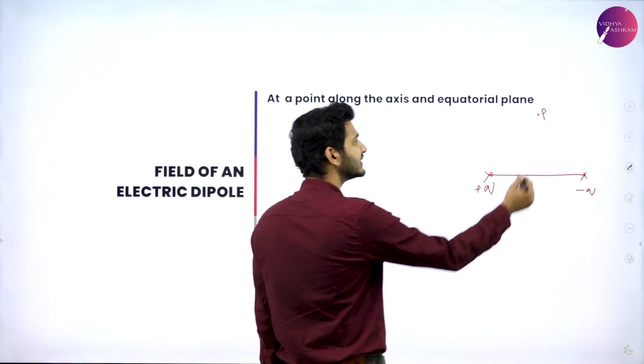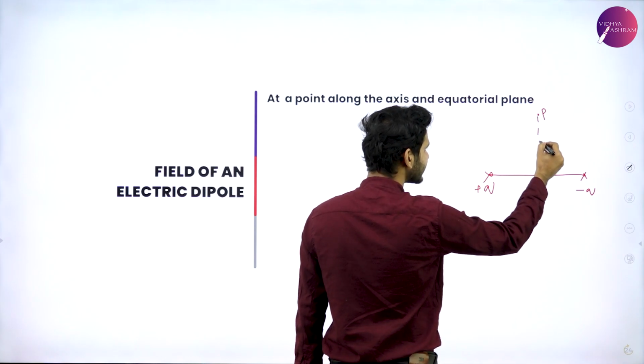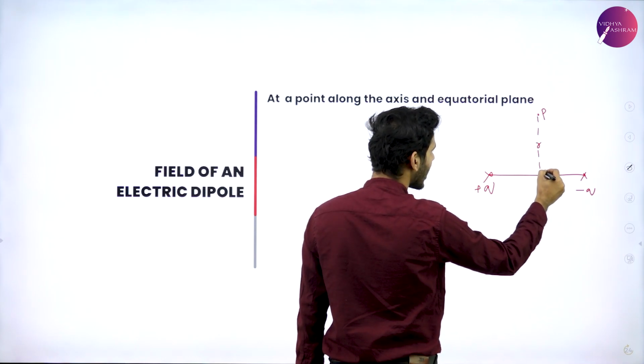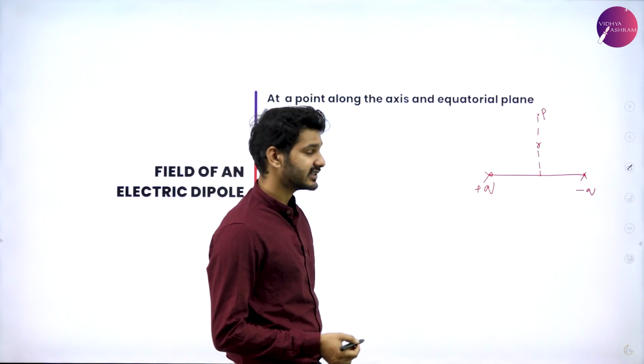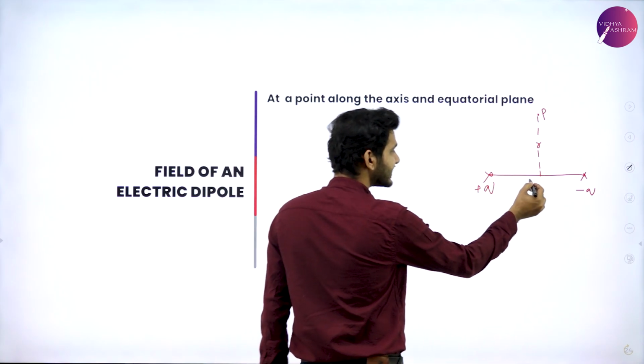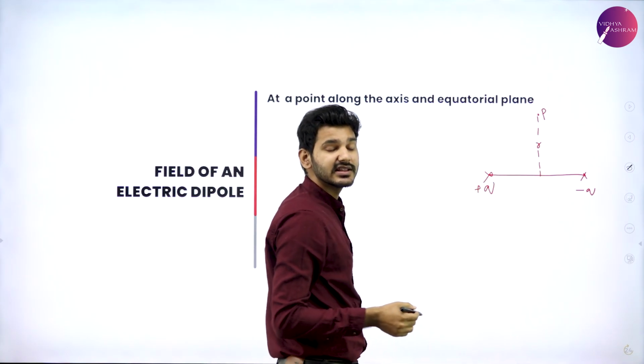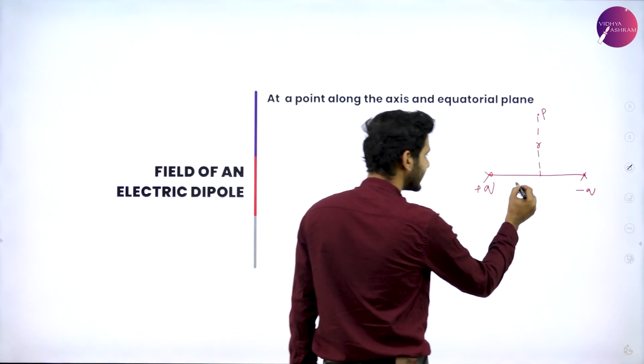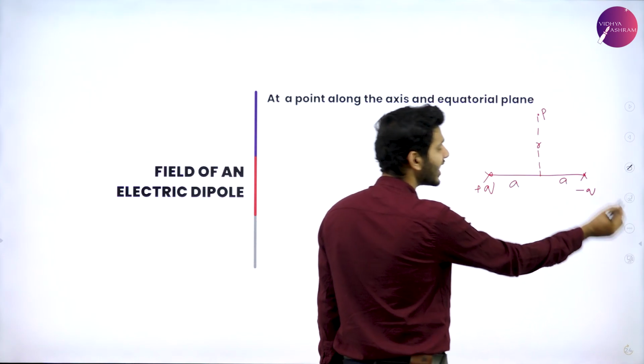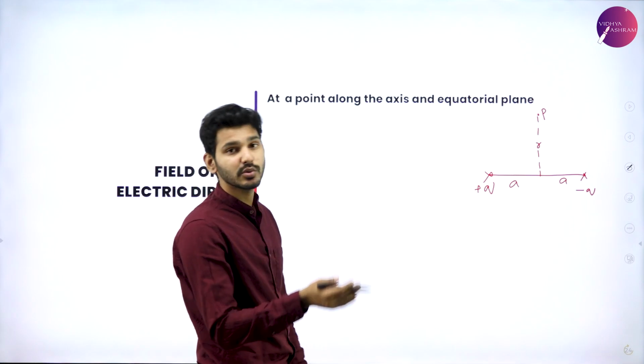first we'll consider that from the center of the dipole to the point P, the distance is r. So this distance is a and a, so the dipole is equally divided.